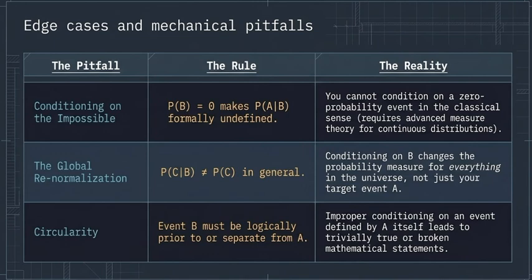Next, where we can make a mistake is improper conditioning on the event you are computing. If you condition on an event that's defined using A itself, you get circular or trivially true statements. So always check whether B is logically prior to A in your setup or not.